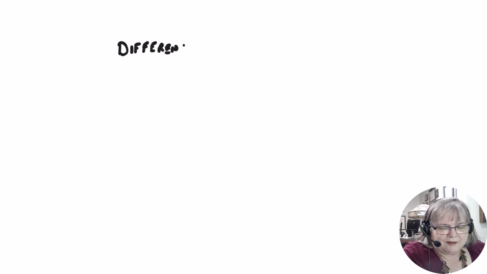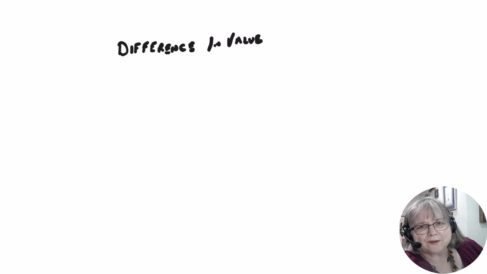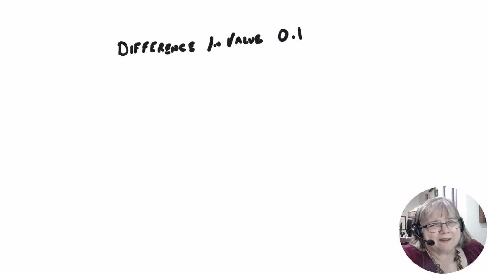So they set up an equation that goes kind of like this. So what if we're willing to live with a difference? Now this is not an error rate, just a difference in value between the linear approximation and the value calculated using your calculator, the very intricate level 20 calculation, of 0.1. So I can live with a difference in value between those two values of 0.1, but I can't deal with 0.1 or bigger, right?